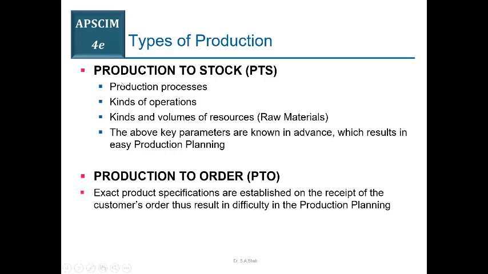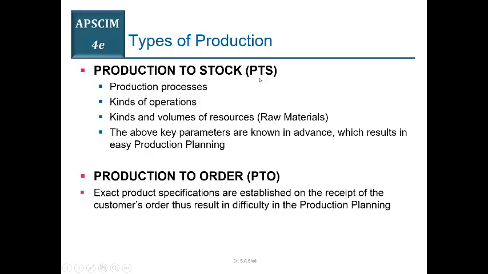These are the three key parameters that you will have to keep in mind while manufacturing some particular product. The production processes, then the types of operations within those processes, and the kinds of volumes, that how much number of products will be manufactured and what will be the resources of those productions. So all those key parameters are known in advance for production to stock.